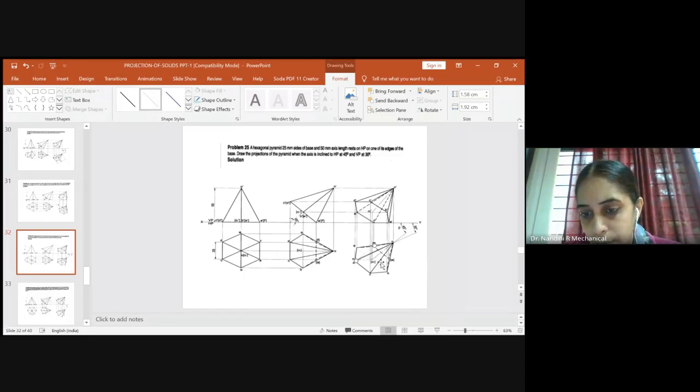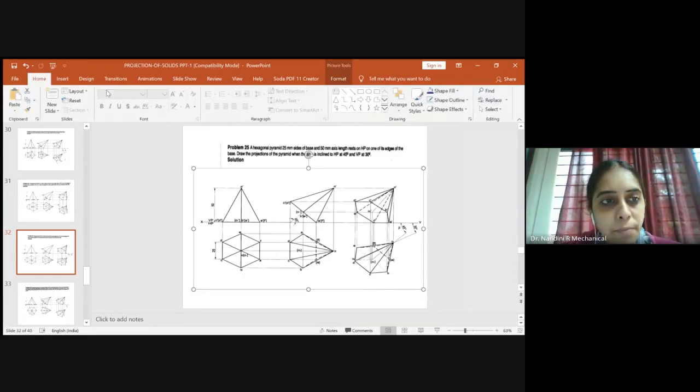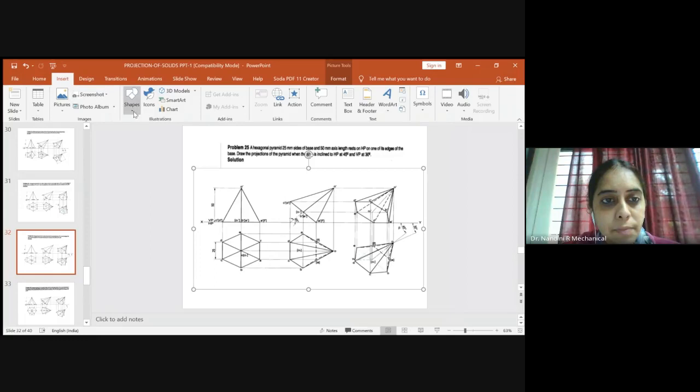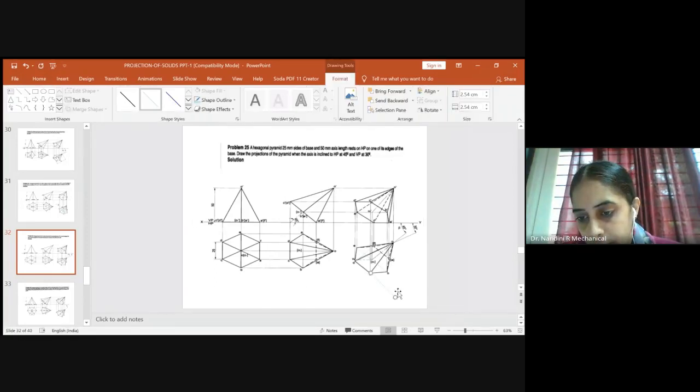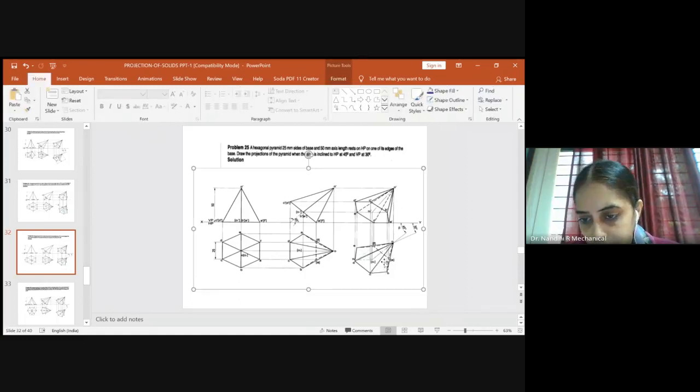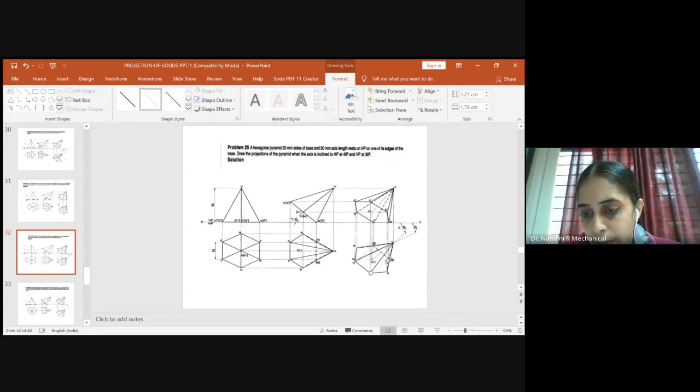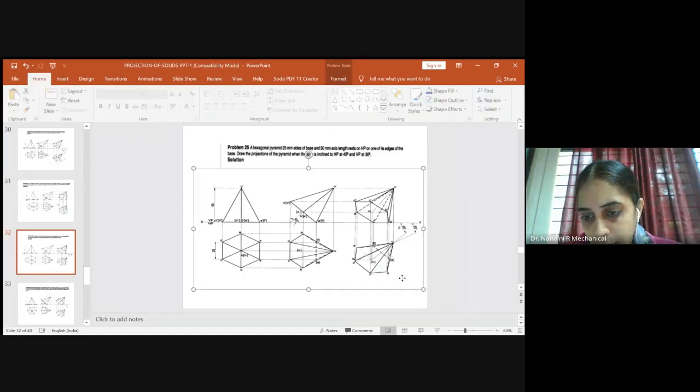Similarly, here also. From the reference point, you will just draw a perpendicular line. You will just extend it. You will not know until where you have to extend. You will just extend the perpendicular lines from these midpoints.